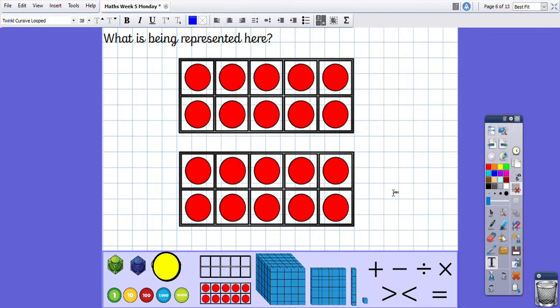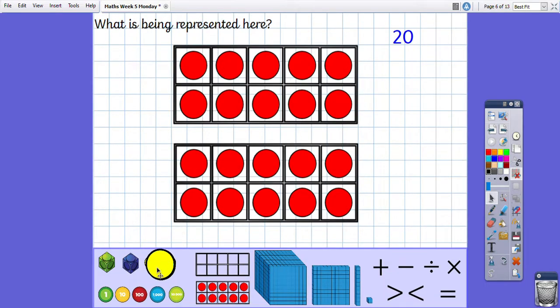What about here then? I've got some tens frames. And the clue's in the name. There's 10 in each frame. So I've got 10 here and 10 here. So that's 20. So I've got 20 being represented. But what about if I change the colour of some of my counters?